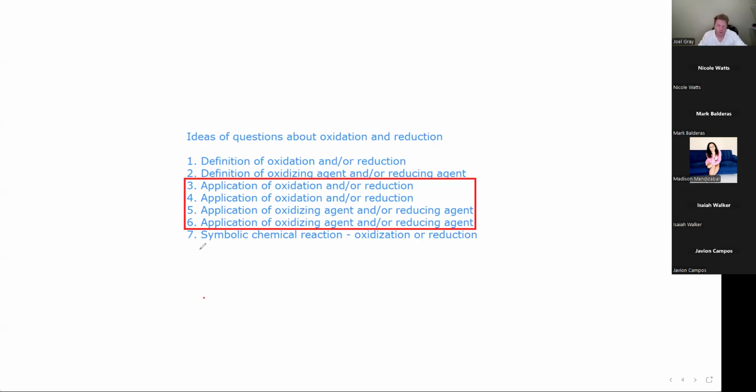X plus e minus yields, let me clean that up a little bit.